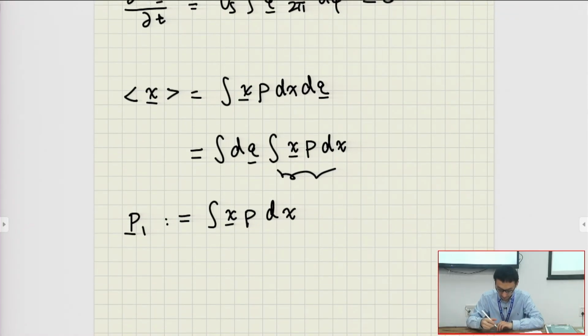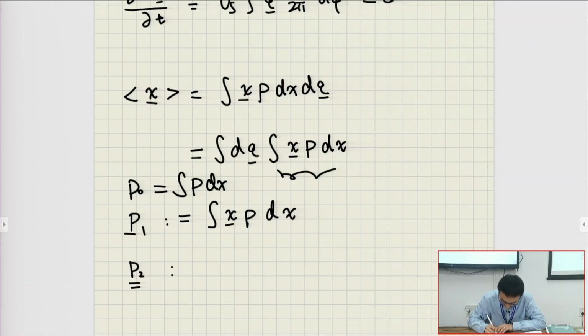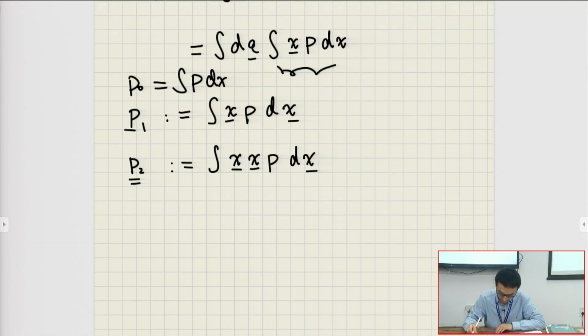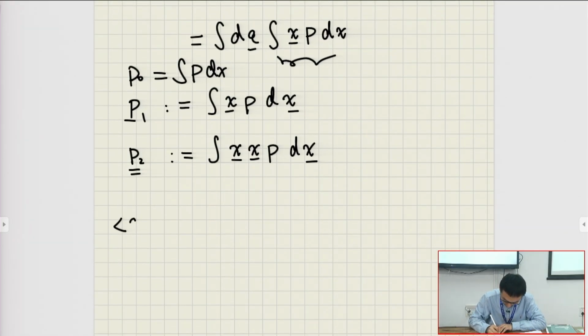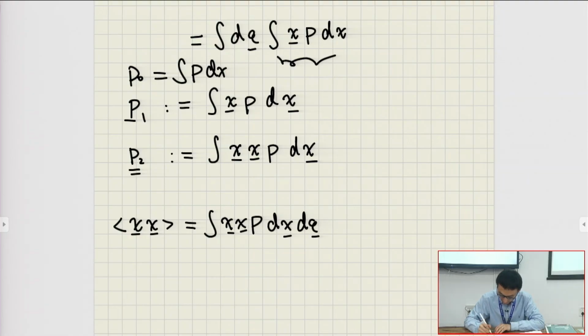We can generalize this because P0 is the integral of p dx. Then we can have P2, which has 2 x's, right? So on and so forth. There's a structure to it, which means the second moment, the mean squared, by definition, is xx times p integrated over space and angles.